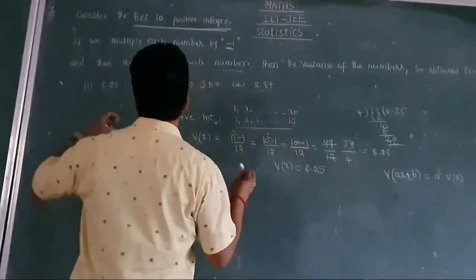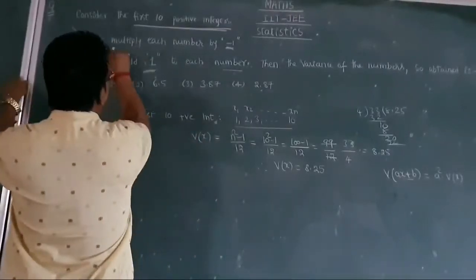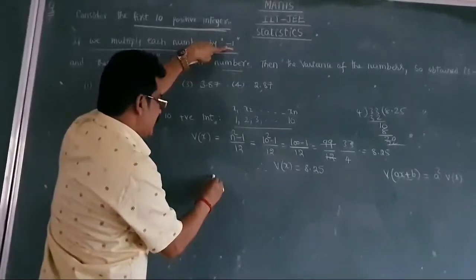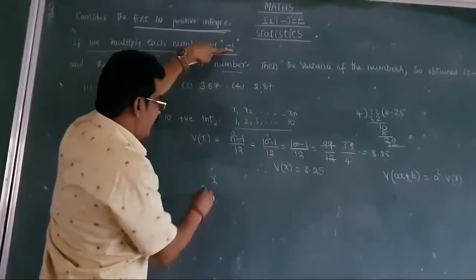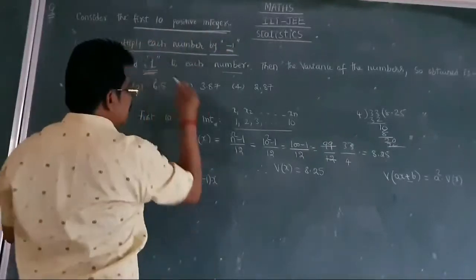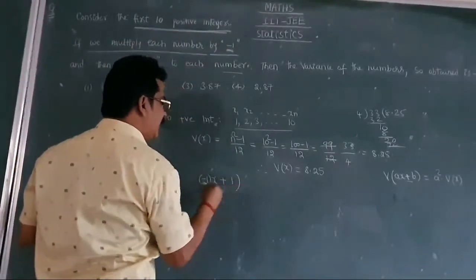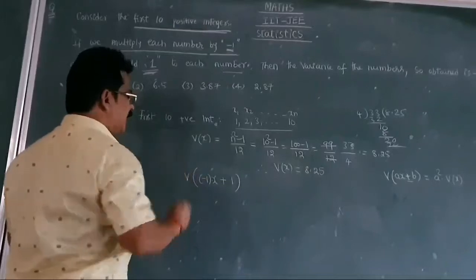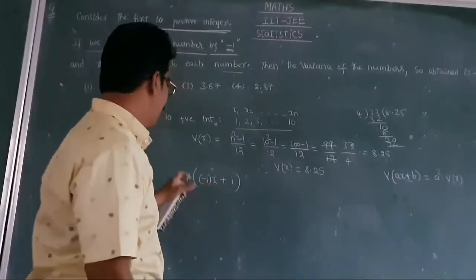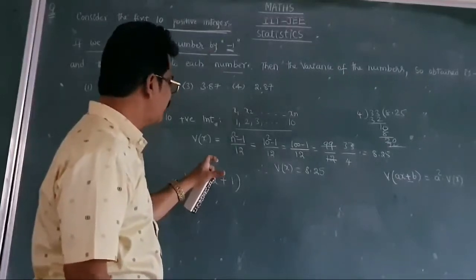Okay, come to here. What is the question? We are multiplying each and every number by -1 and adding 1. Simply, the question is variance of -1 into x plus 1.